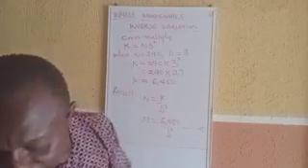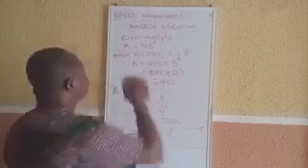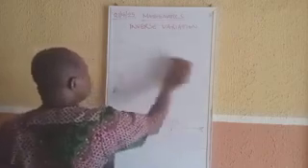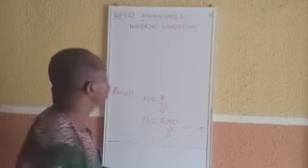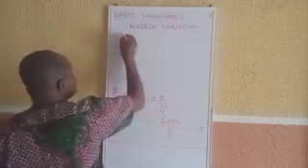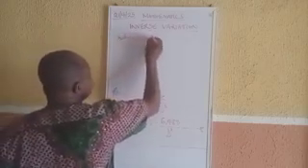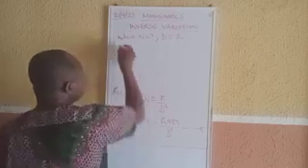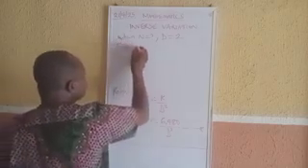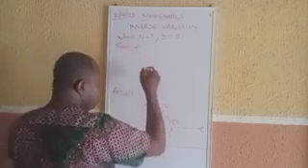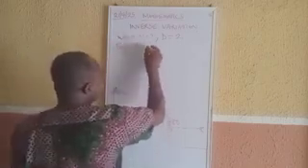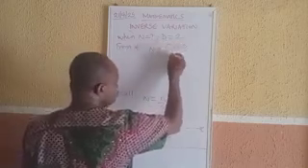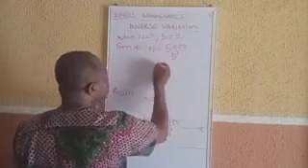Now let's find what we are asked to calculate. We are asked to find n when d equals 2. So when n is unknown and d equals 2, from the law we have that n equals 6,480 over d raised to power 3.